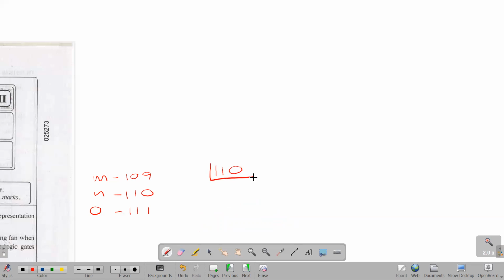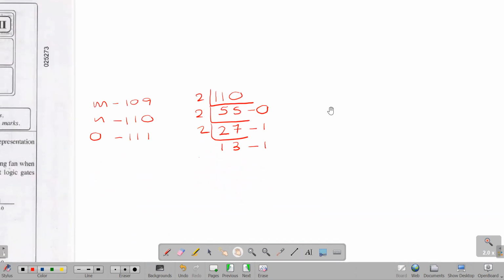Yes, so 110 will be divided by 2, so it's going to be 55. No remainder. Dividing by 2 again, it's going to be 27, 1 is remaining. Then 13, 1 is remaining, and 2 again, 6, 1 is remaining, 3, no remainder, and 1 is remaining.